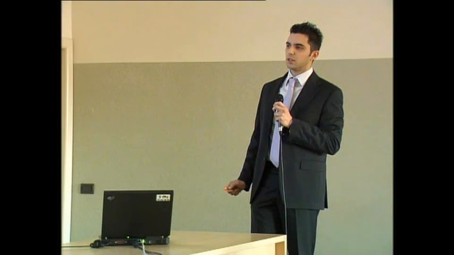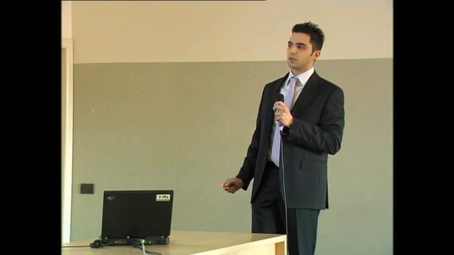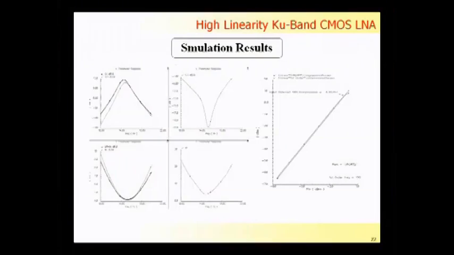Then we have the noise figure that is less than 4.5 dB, and the stability factor is the key factor that ensures that the circuit doesn't oscillate. Here is reported the linearity of the system in terms of 1 dB compression point, and that is around minus 4.4 dBm. That is really, really good. Also in literature, nobody has done better.